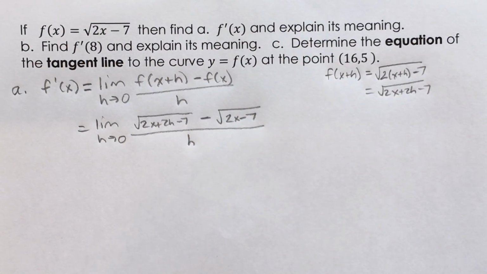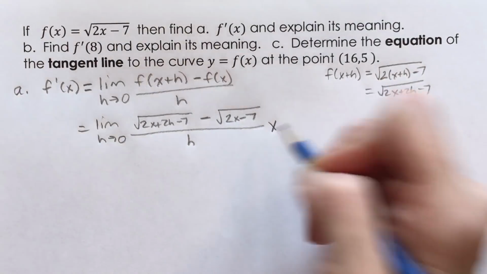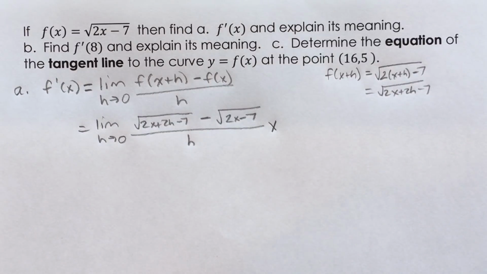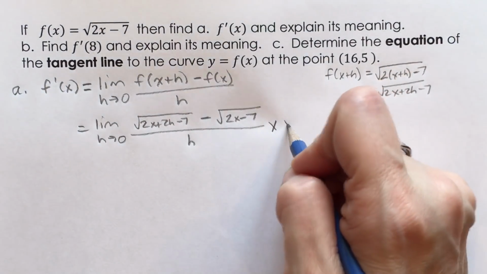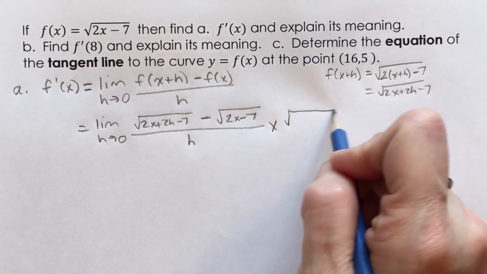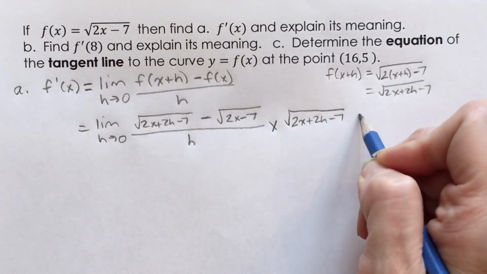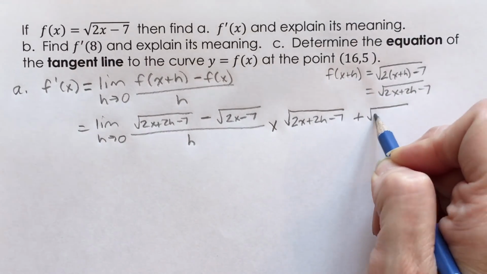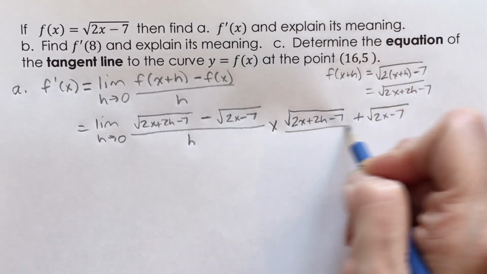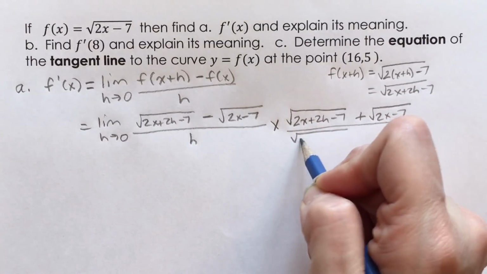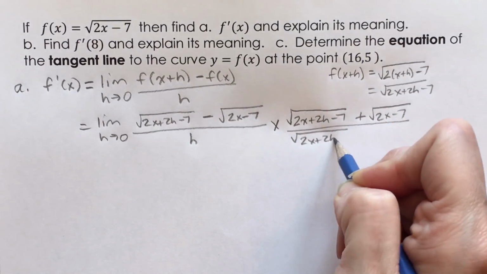So that one's definitely going to be evaluated using multiplying top and bottom by the conjugate of the numerator. So square root of 2x plus 2h minus 7 plus square root of 2x minus 7 over the exact same thing. So we're really just multiplying by 1.